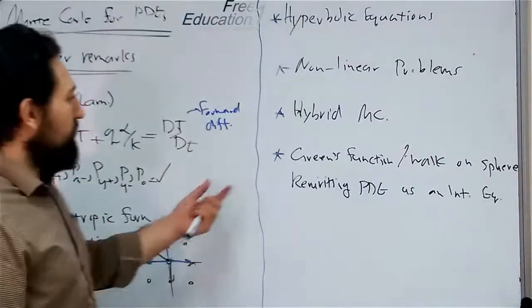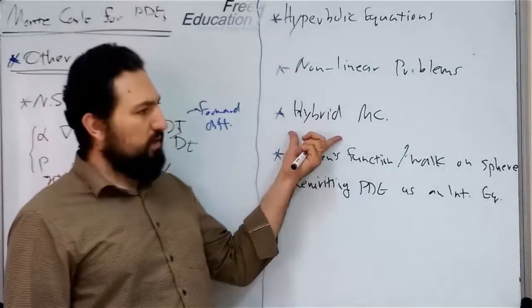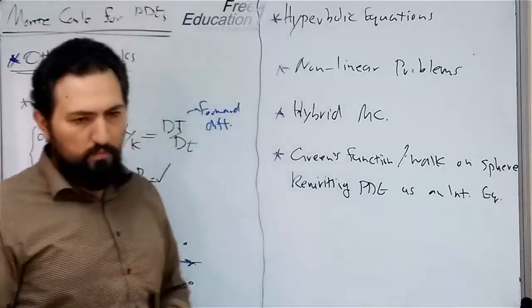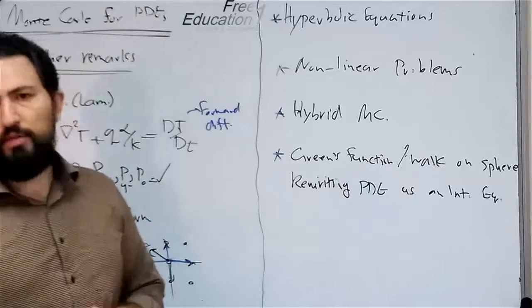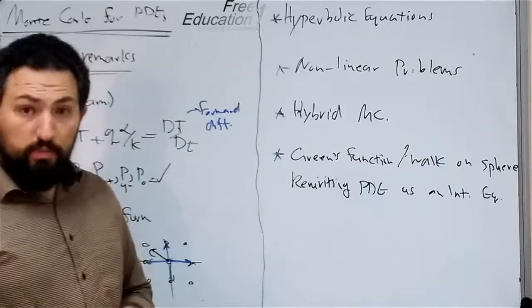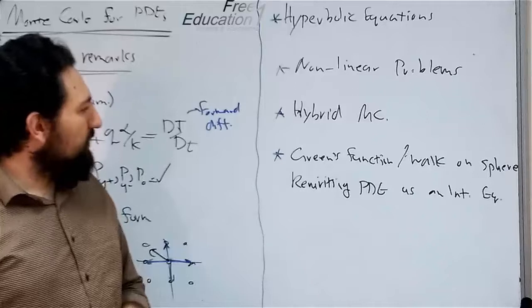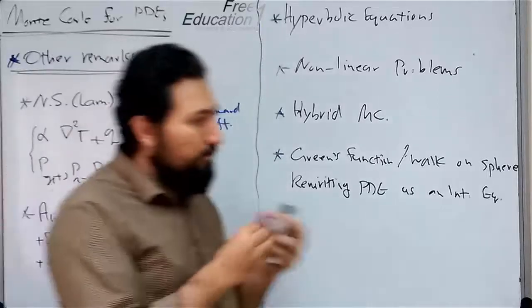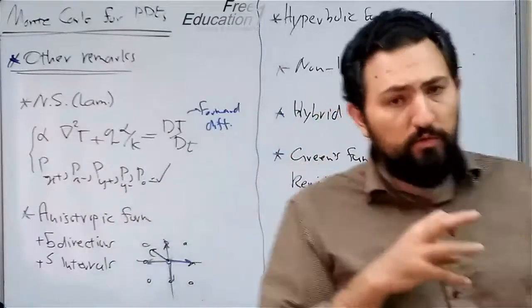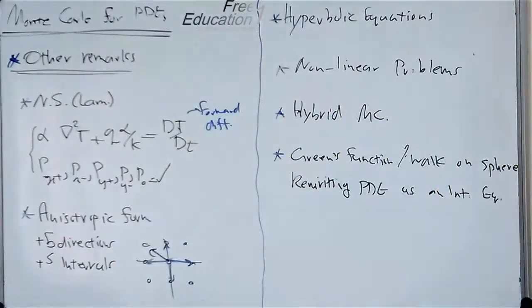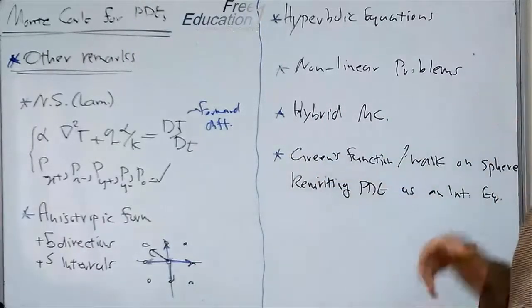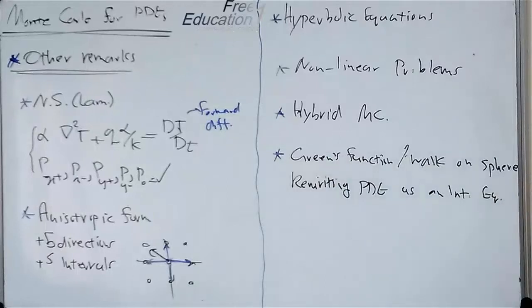And the Monte Carlo method can be used in a hybrid manner with other deterministic, for example, numerical methods. And this is again to have the advantages of both deterministic and stochastic numerical methods. And there are some other branches or permutations of the Monte Carlo method.